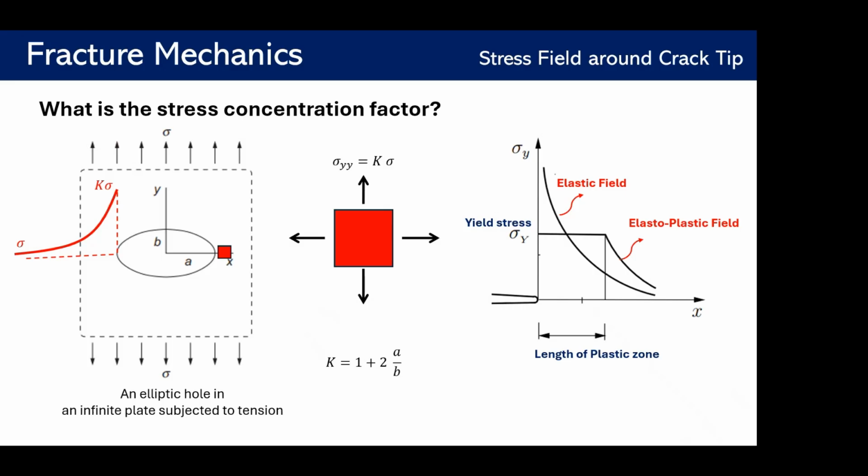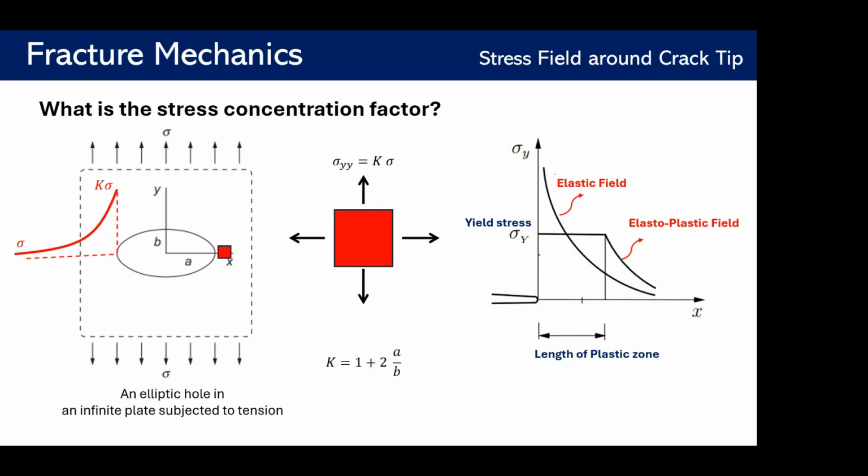applied to the problem. In general, you can find the stress concentration factor by this relation, which just depends on the aspect ratio of that elliptic hole. I mean, A over B. So when A over B is equal to 1, the K will be equal to 3, which means that the stress concentration factor is equal to 3.